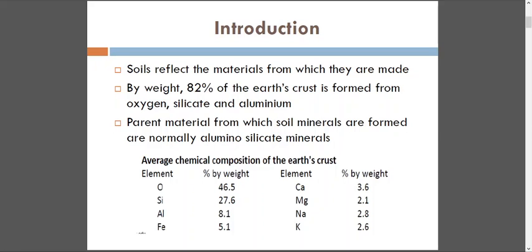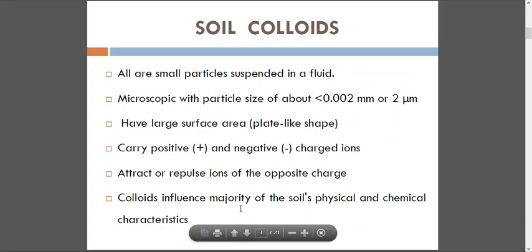If we look at the table below, we see that the highest composition by weight is taken by oxygen, at 46.5%, followed by silicon with 27.6%, and then aluminium with 8.1%. So these three have the highest composition in the Earth's crust.